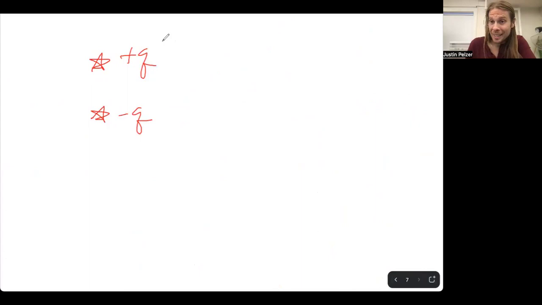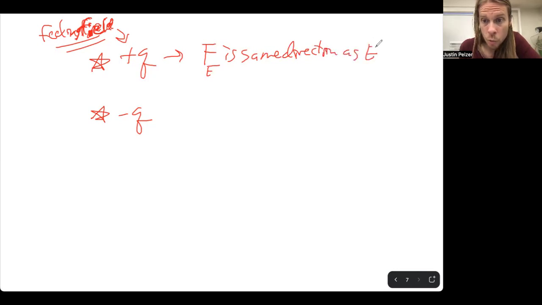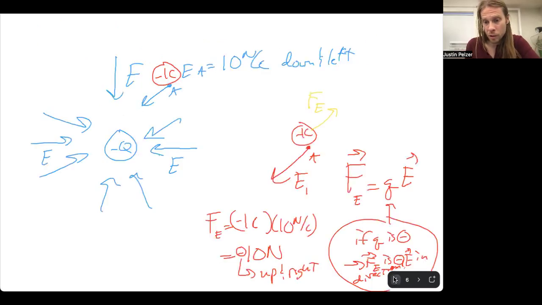Now, if the test charge feeling the field is positive, sorry for my scribbles here, then Fe is the same direction as E, which we already knew because that was the definition.